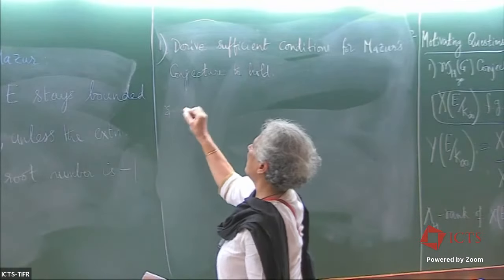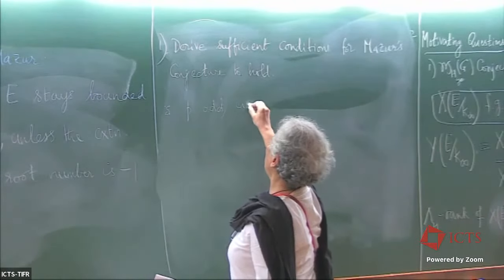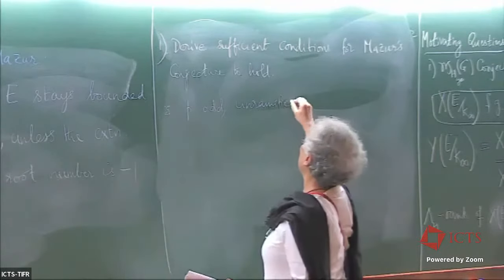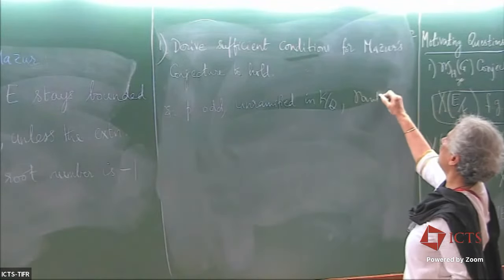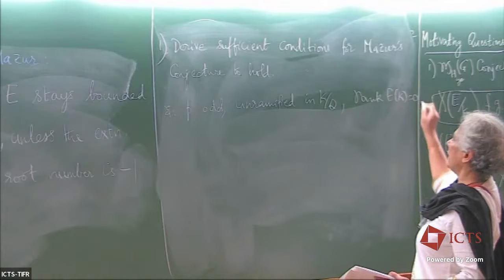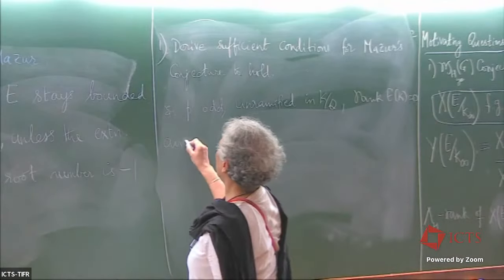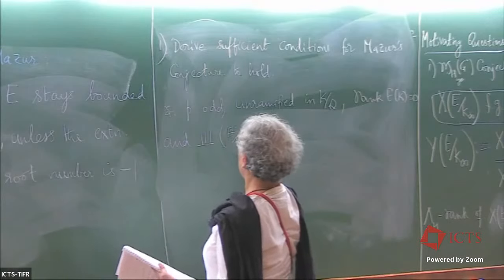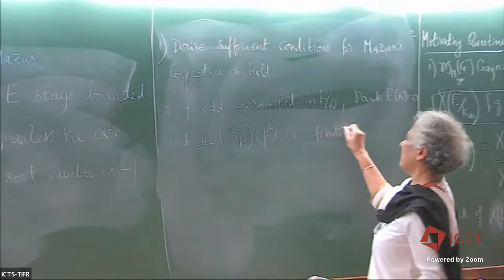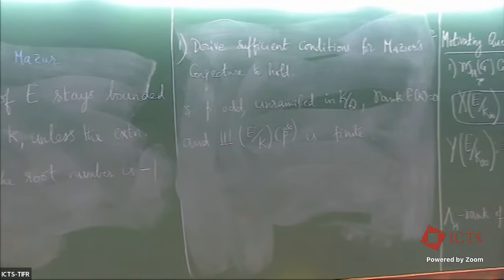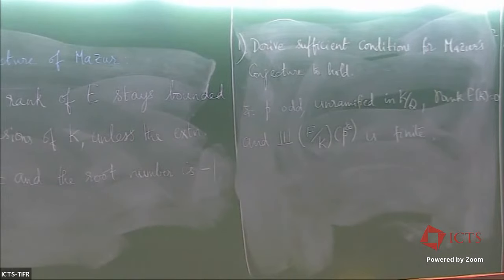For example, P odd, unramified in this totally abelian extension K over Q. Then the Mordell-Weil group has rank 0 over K, and the Tate-Shafarevich group is finite. So the P-primary part of the Tate-Shafarevich group, if it is finite and the rank is 0, then you know that Mazur's conjecture is true. So this is sufficient.